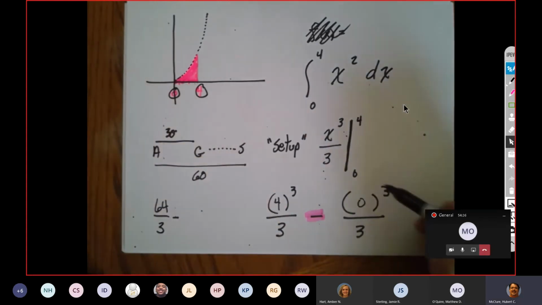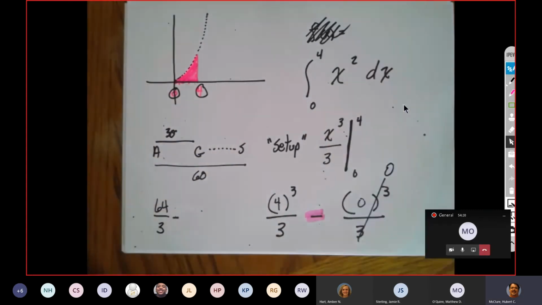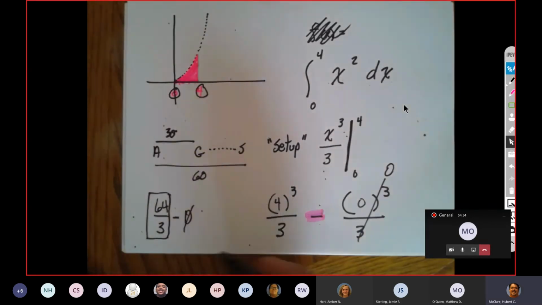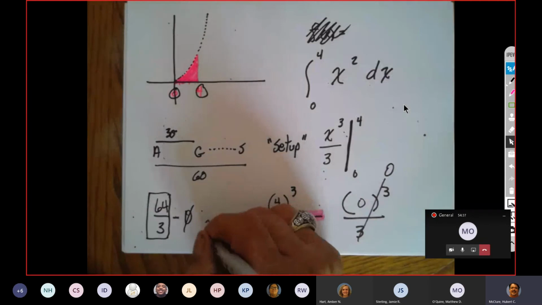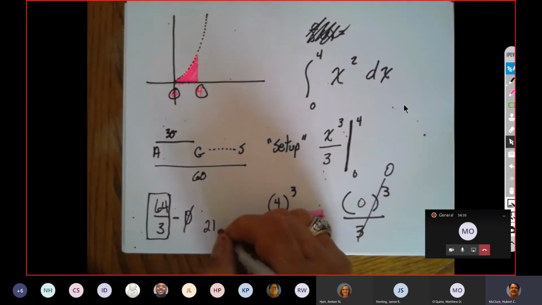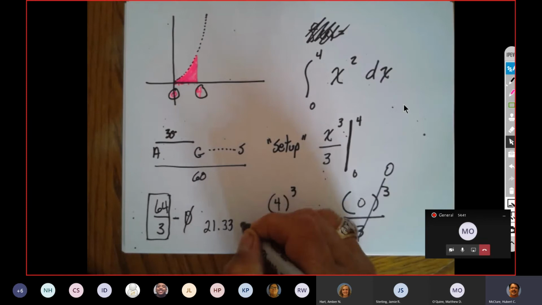I'll do this one for you. 0. So if you wanted to change that, what is that? 21.33 square units. Let's see, units squared.